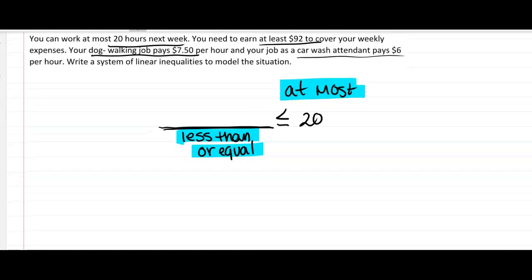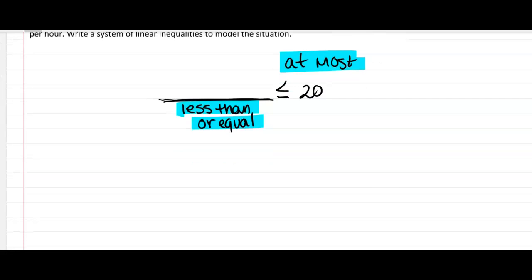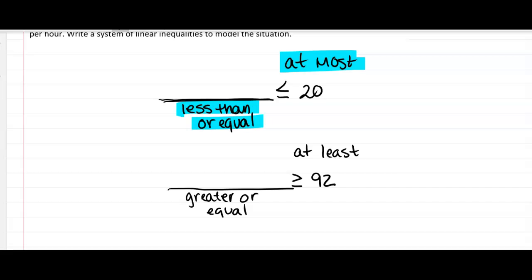Then we have another total. It says at least $92. So in this case, we have at least $92, which means whatever's on this side has to be that amount or more. So 92 is the minimum. So this is going to have to be greater than or equal to. And that's our symbol that represents that.